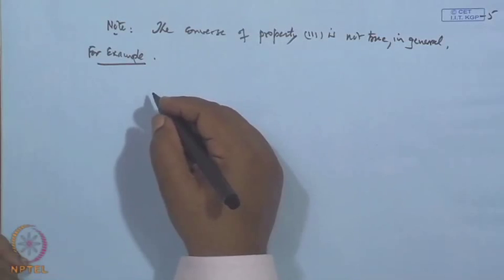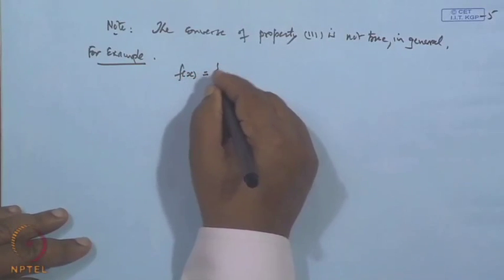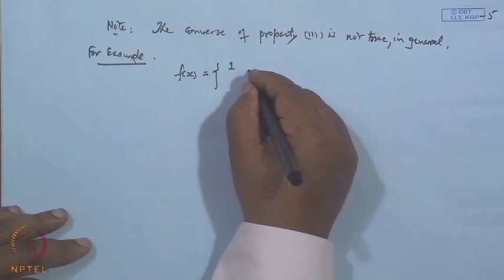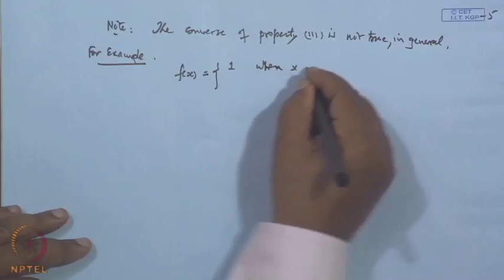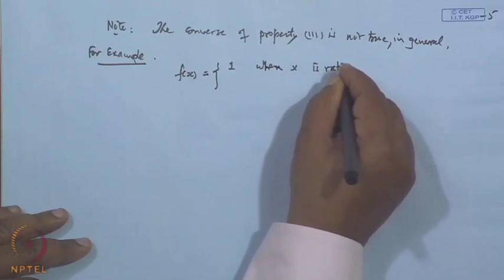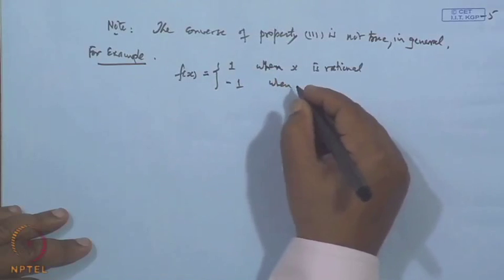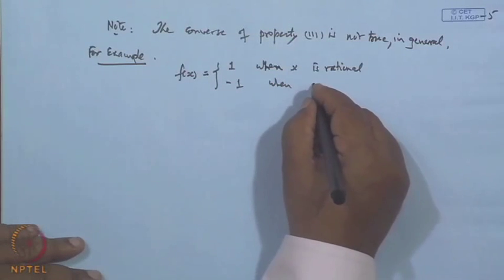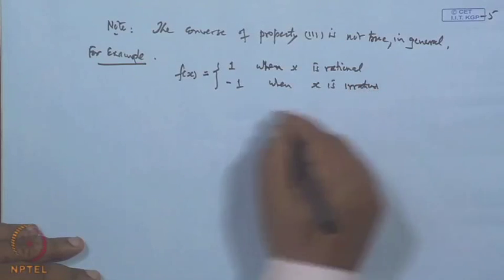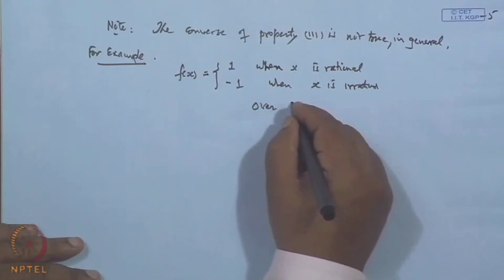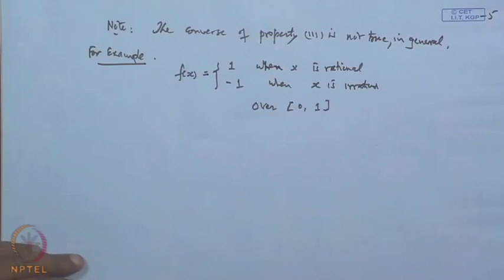we look at a function f(x) as 1 when x is rational, and minus 1 when x is irrational, over the interval 0 to 1.